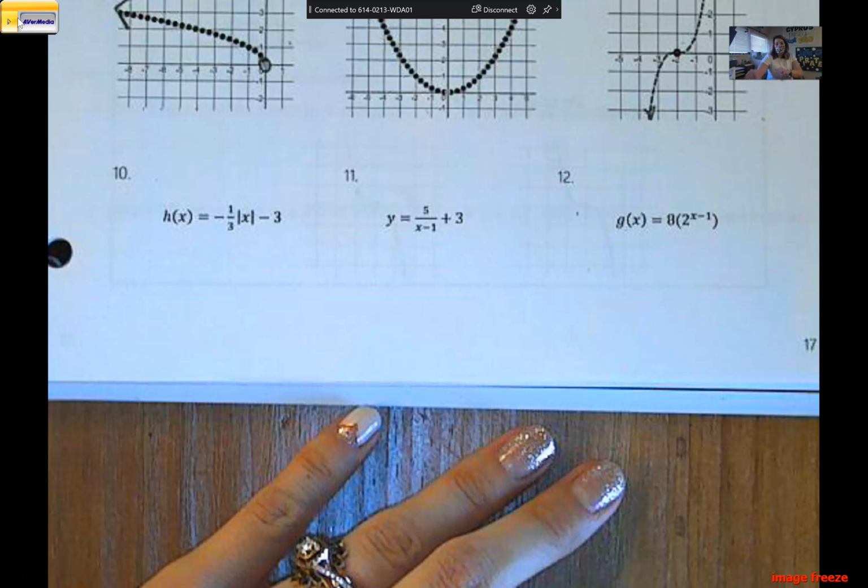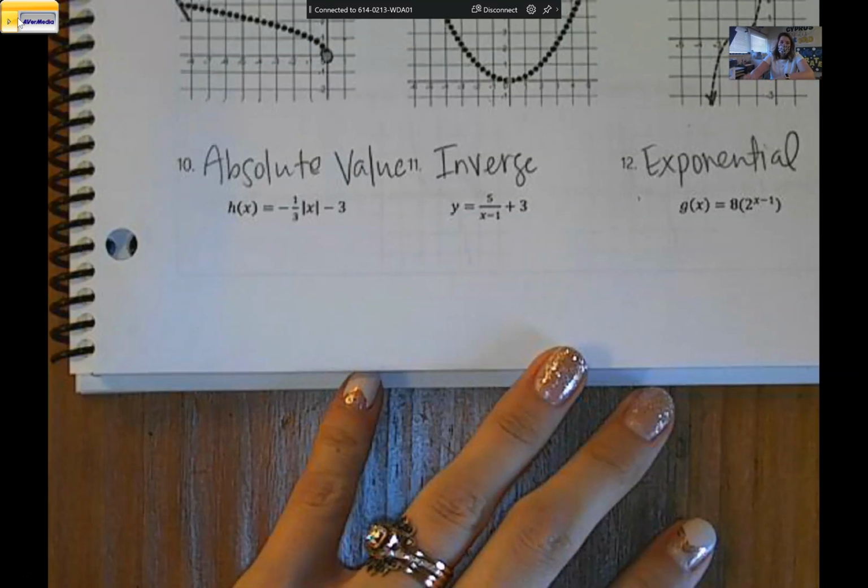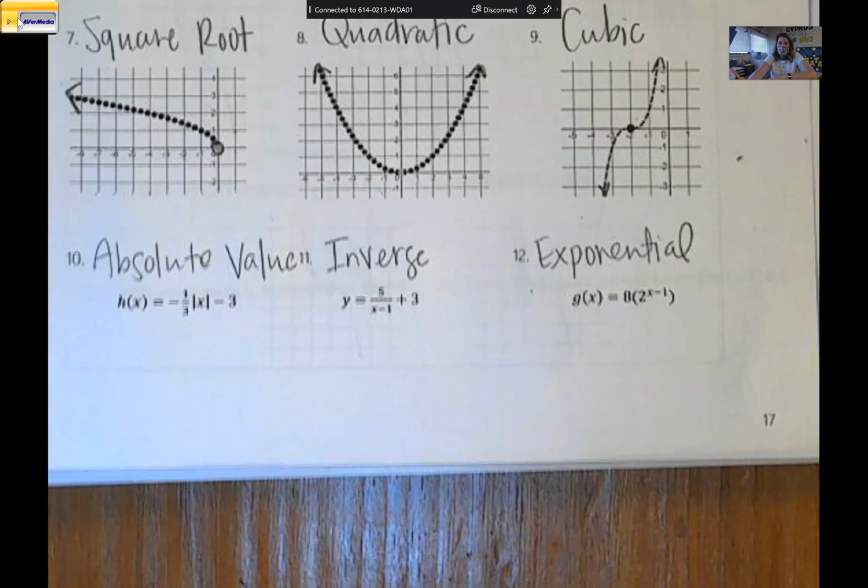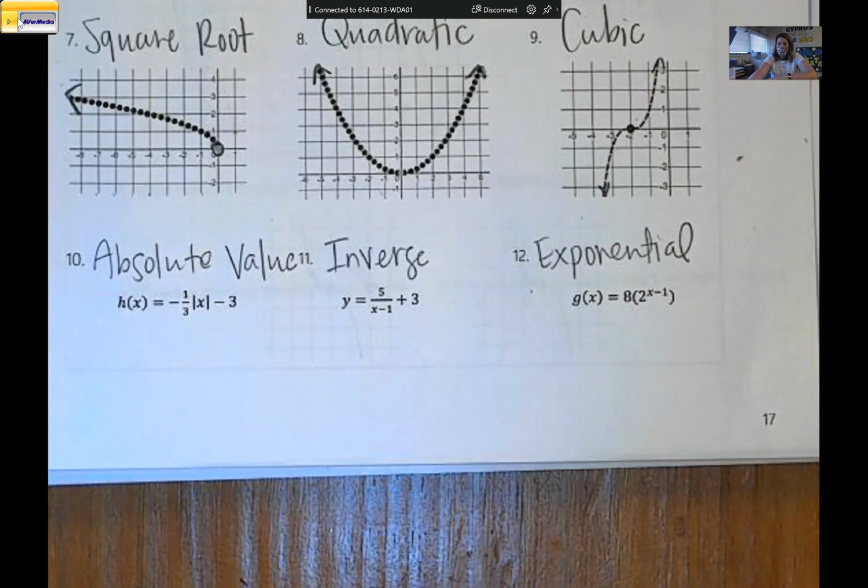Okay, so 10 is absolute value, 11 is inverse, and 12 is exponential. You guys feel okay about that?